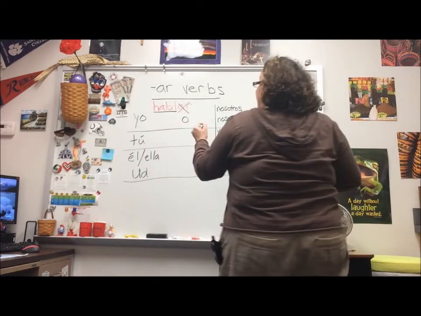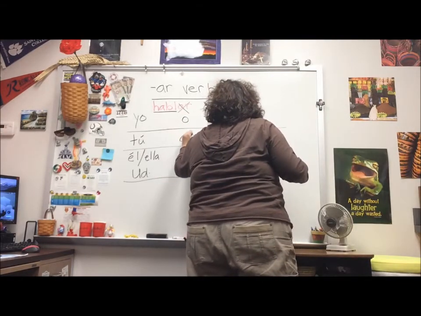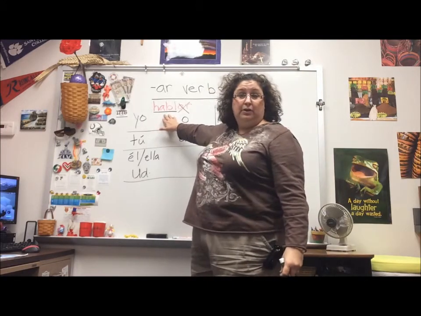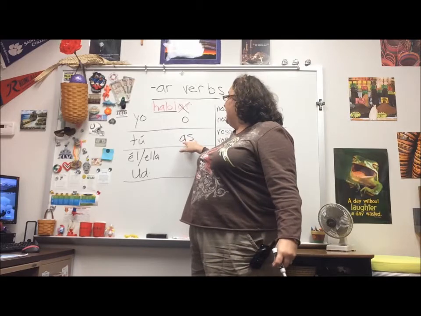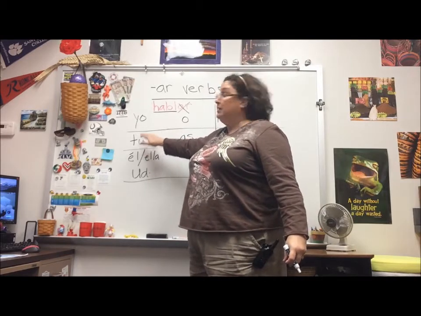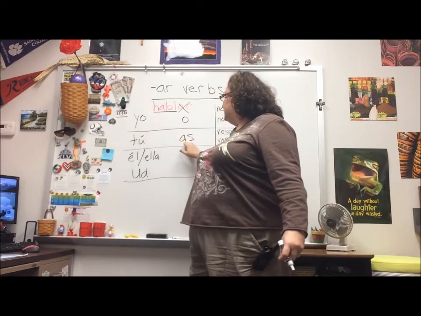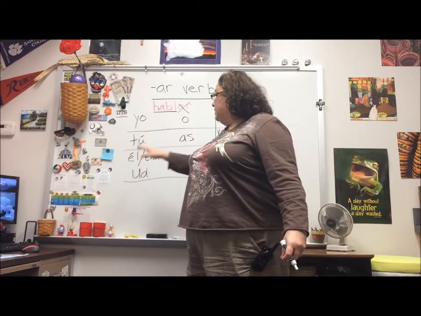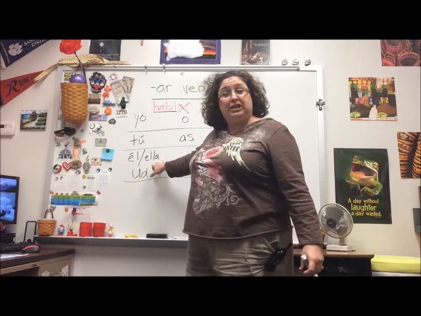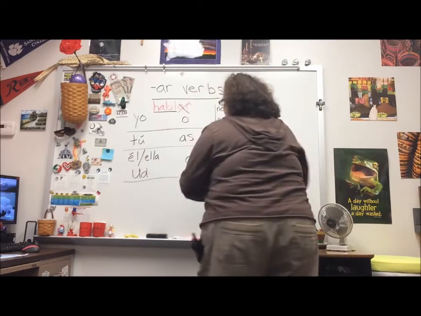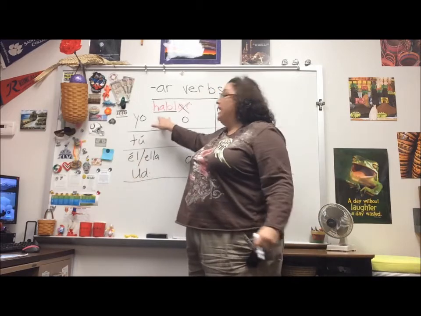Our ending for tú is AS. You keep your stem, add AS. Tú hablas. If I want to say he or she speaks, my ending is an A. Él habla.